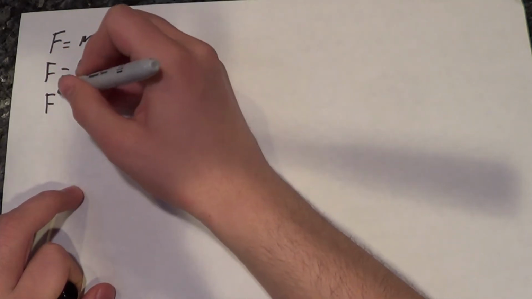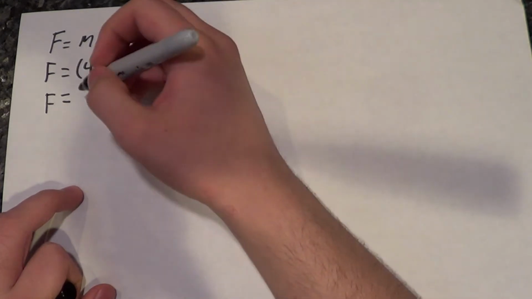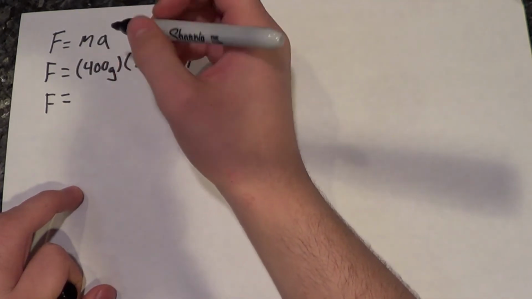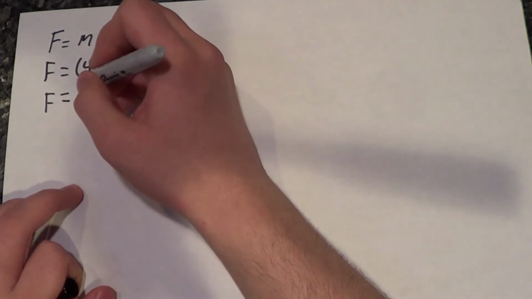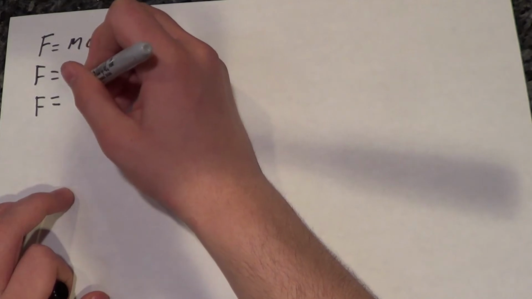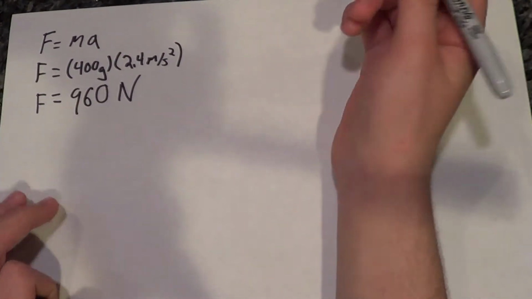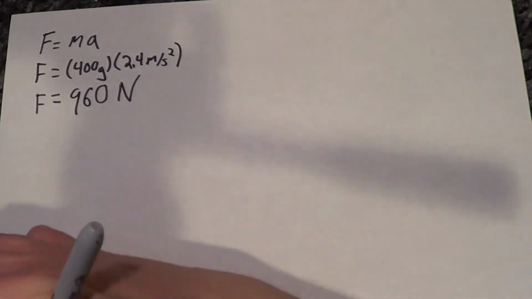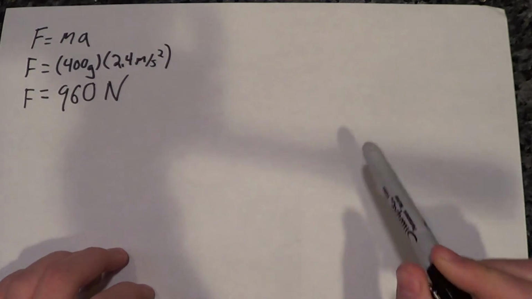And by multiplying these values, I find that this, by the way, is equivalent to what I just said before, 60 centimeters every quarter of a second. So now I multiply these values to find that I applied 960 newtons of force with my punch.